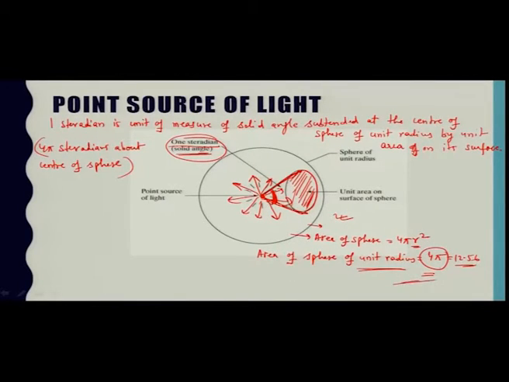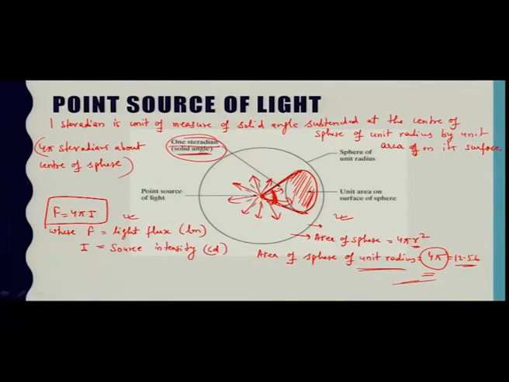Those facts can be reduced to one equation: F equals 4 pi I, where F is the light flux, measured in lumens, and I is the source intensity, measured in CD, that is candela.